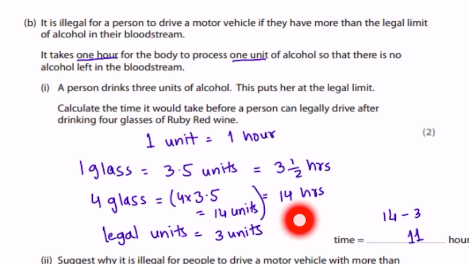But here they say the legal limit is 3 units. So 14 minus 3, because with 3 units he can drive. So 11 hours. After 11 hours he is able to drive legally. How many hours will it take for him to drive legally? So 14 minus 3 equals 11 hours, because after 11 hours he will be having 3 units.